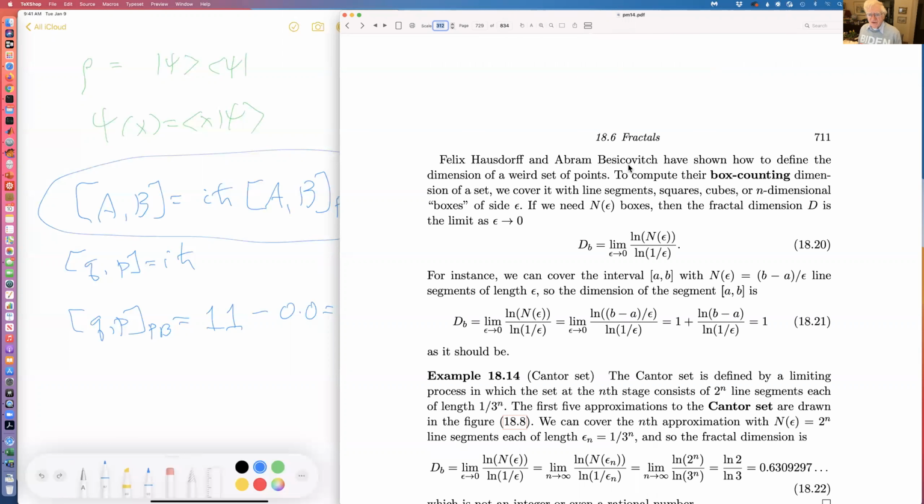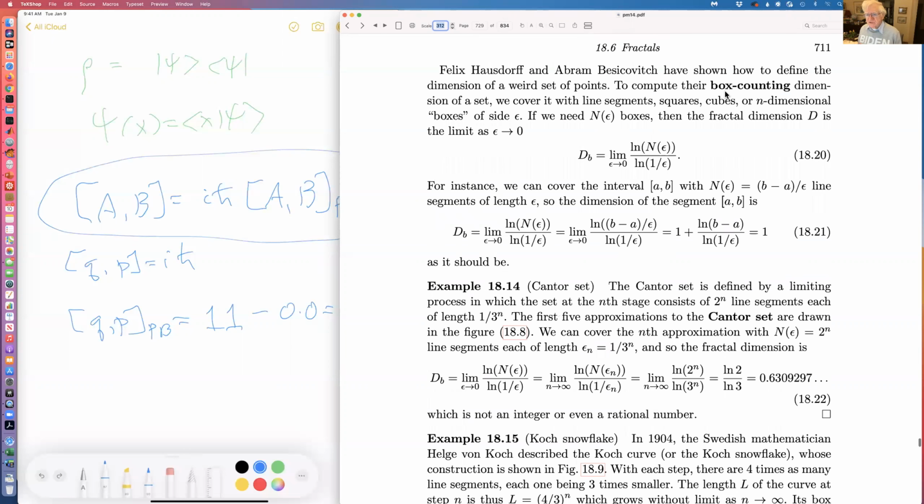So Hausdorff and Besicovitch introduced something called box counting dimension. You've got some set and you cover it with line segments or squares or cubes, whatever you need, some sort of n-dimensional boxes of side epsilon.